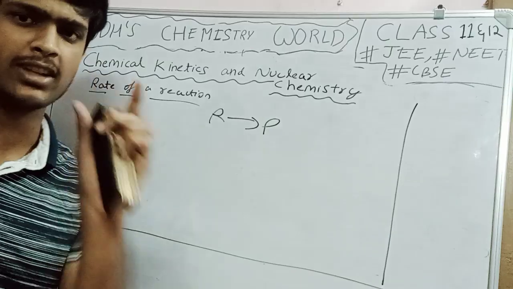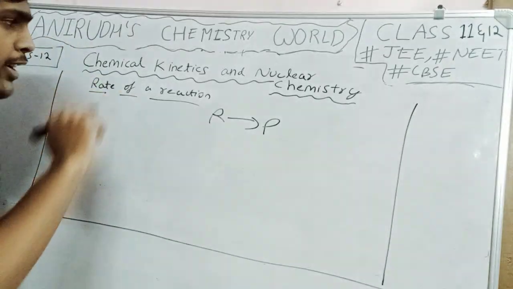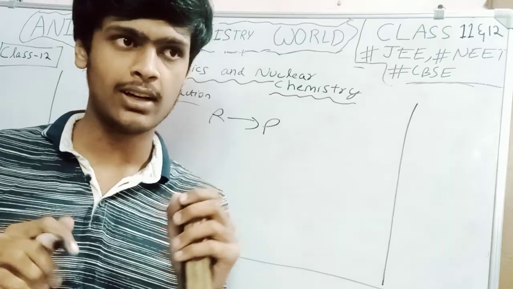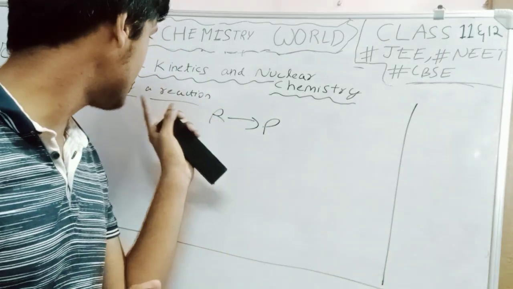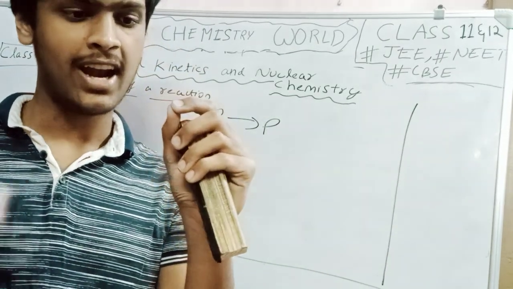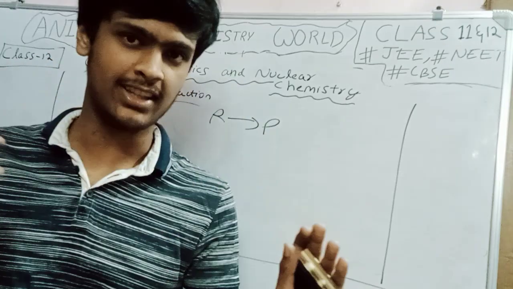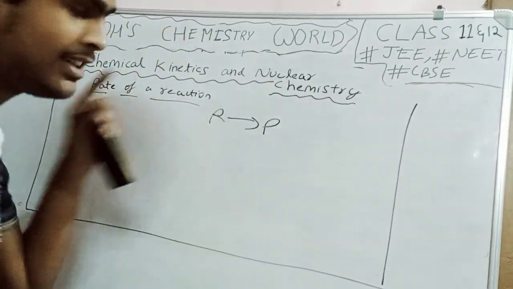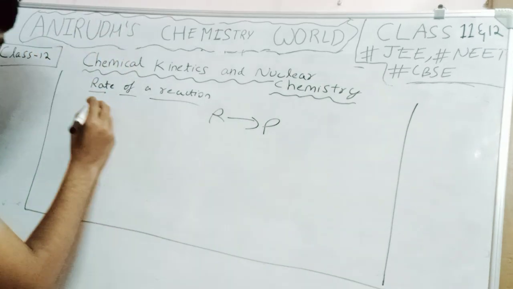That's the main concept behind the rate of reaction. In the whole chapter, we will only be seeing the rate of reaction and the topics related to it. That's it. But it's a part of physical chemistry. Okay, we'll just define the rate of reaction.